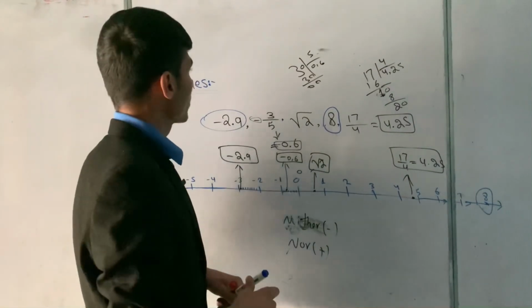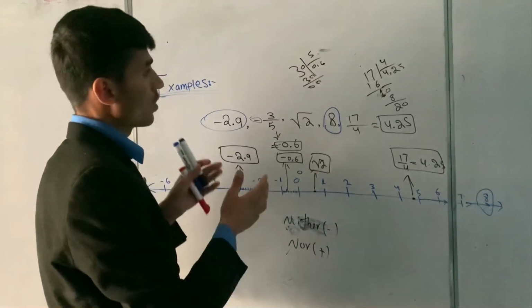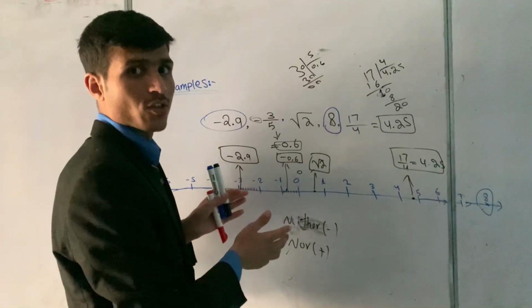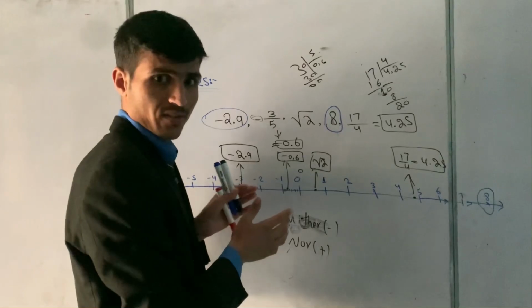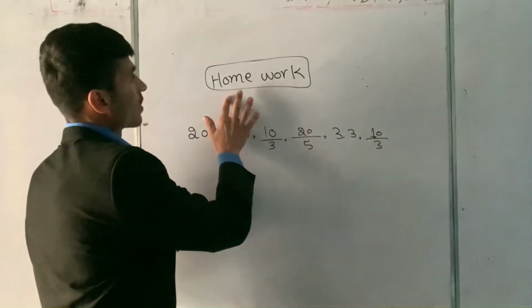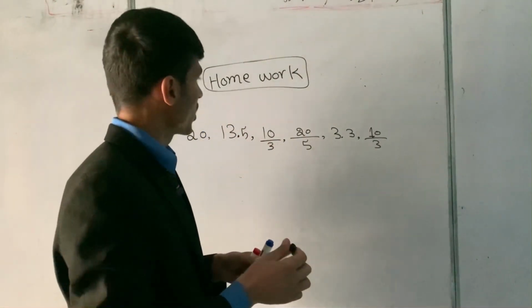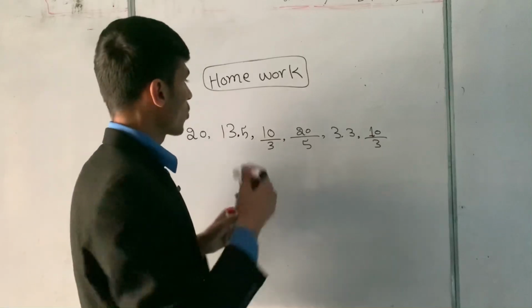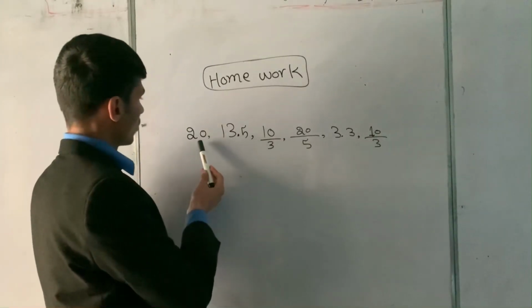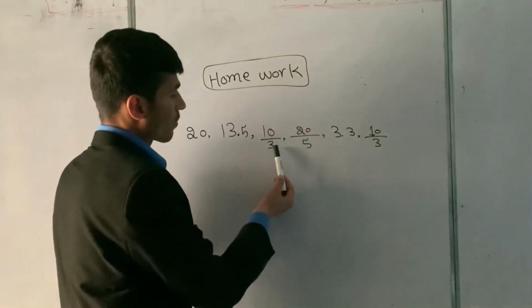I'll just write some examples for your homework, and try to solve those examples on your own. Have a sheet of paper and write these questions: 20, 13.5, 10 over 3.